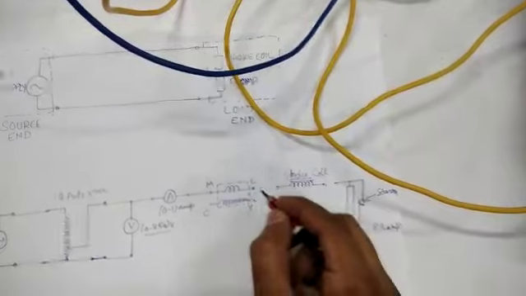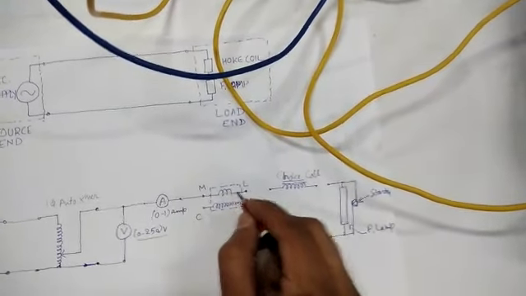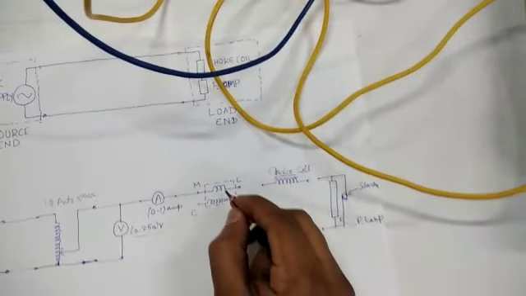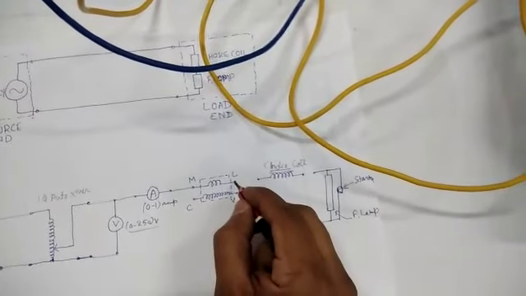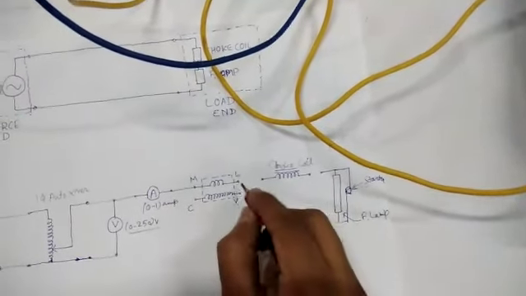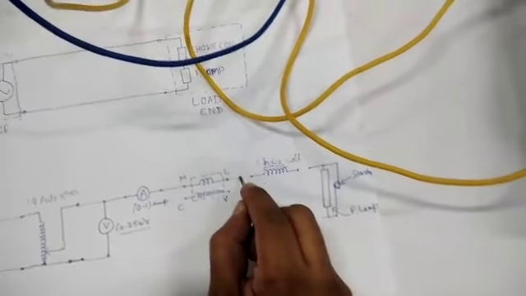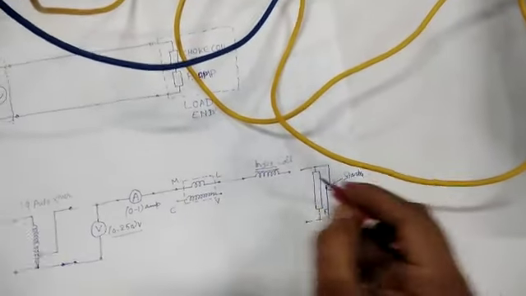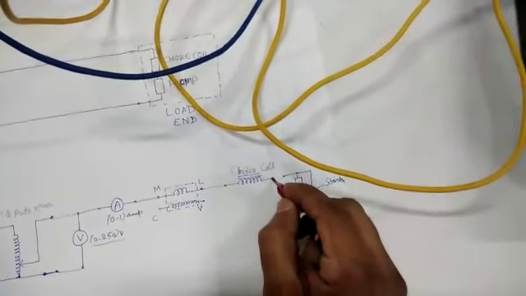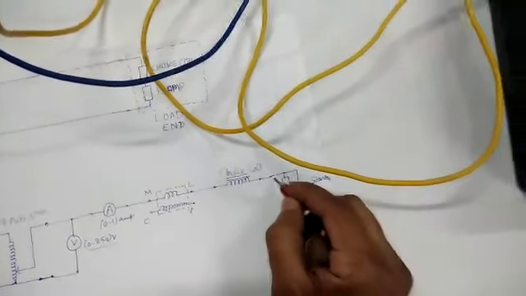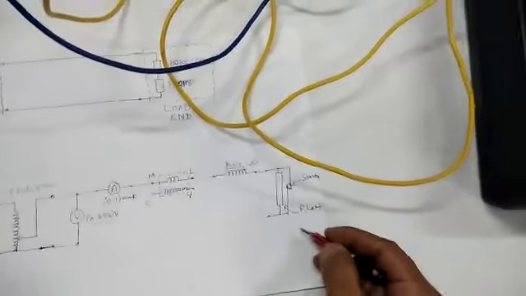Then from current coil of the wattmeter, which is in between M and L point of the wattmeter, from L point the choke coil will be connected. Then after, choke coil will be connected to one of the terminals of fluorescent lamp.